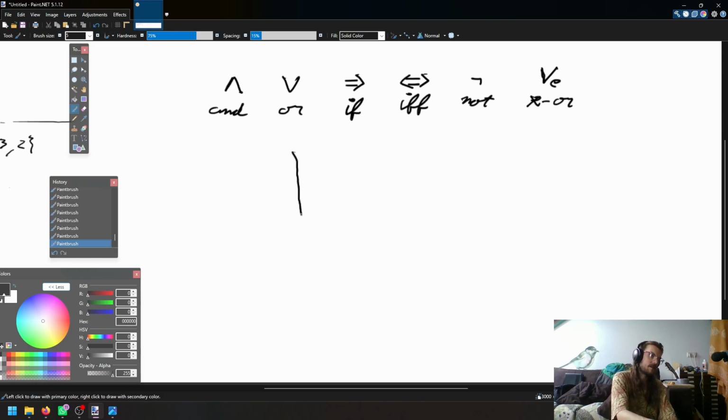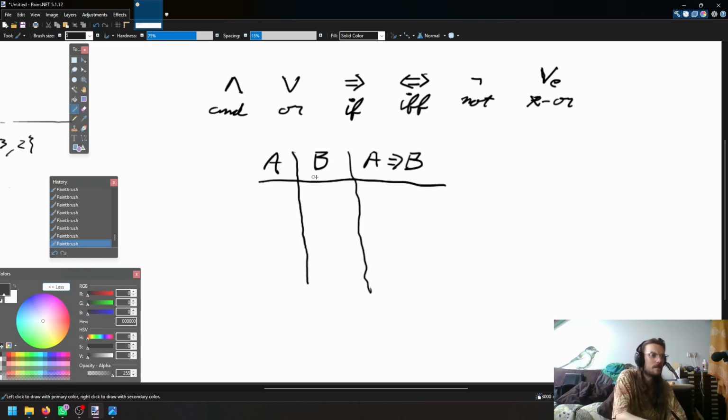So last time I said that the truth table for if is a bit weird, so let me give it. I wrote down if, but you really should read it as if A, then B. So if we write down all our truth values, this is true if the implication holds. So if we know A, then B has to be true. If A is true and B is false, then it is not a consequence, so this is false.